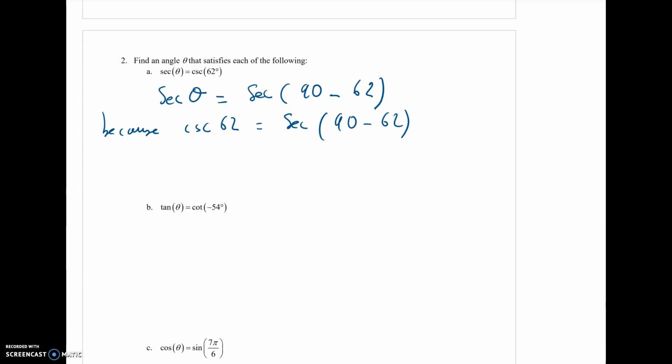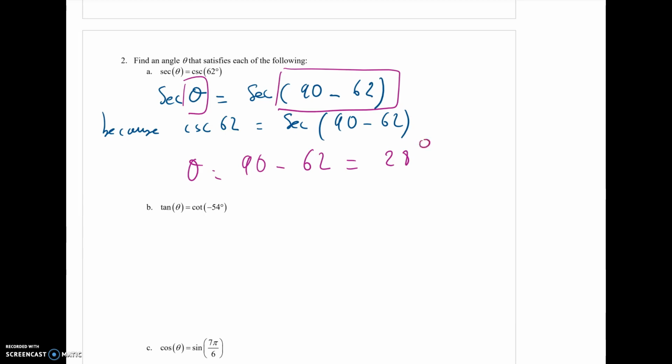Therefore, I can easily compare theta with 90 minus 62, and say that theta equals 90 minus 62, which is 28 degrees.